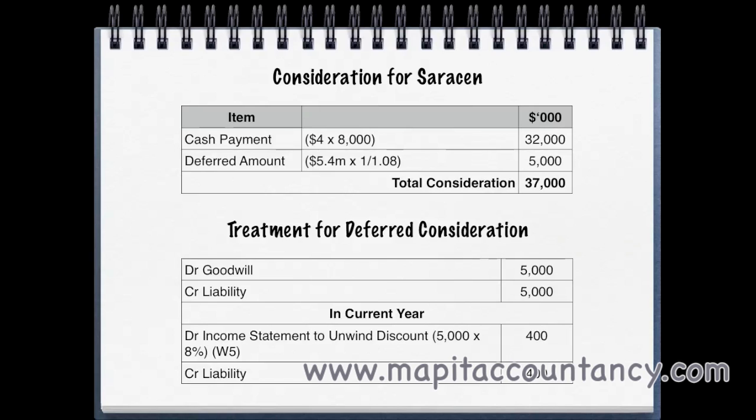We'll need to remember to do that both in our statement of financial position and in our working 5. So we'll have the finance charge of 400 to our working 5, and we'll have our liability in total on our statement of financial position, the 5.4 million that we're due to pay on the 1st of October 2011, the day after our statement of financial position date. So that's how we deal with the deferred consideration.